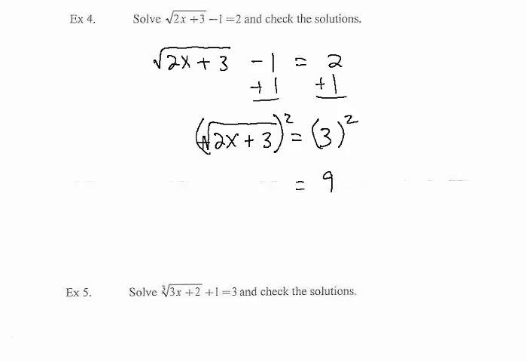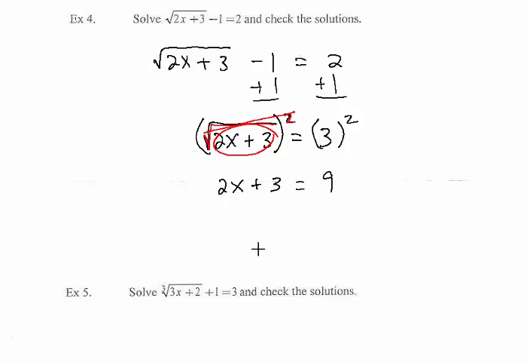Over here, though, this radical and the square outside the parentheses just cancel each other out, and we're left with what's inside the radical. So on the left of the equation, we now only have 2x plus 3. That was the whole purpose of squaring both sides of the equation, to get rid of the radical.